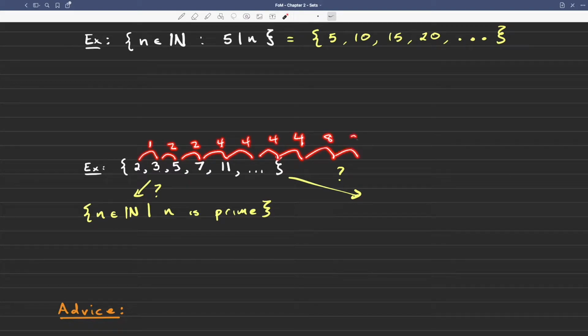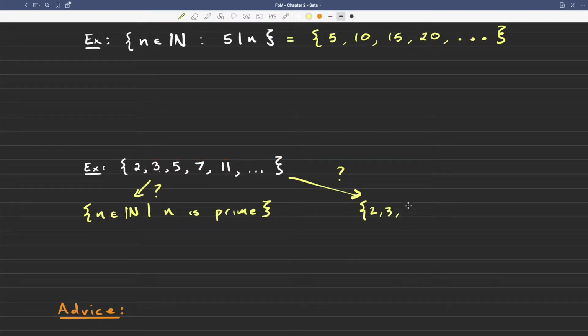Like, so it's 8, 8, 8, 8. Maybe it's doing something like that, right? So maybe the pattern is something like 2, 3, 5, 7, 11, 15, 19, 23. Anyway, I think the moral of the story is clear here.